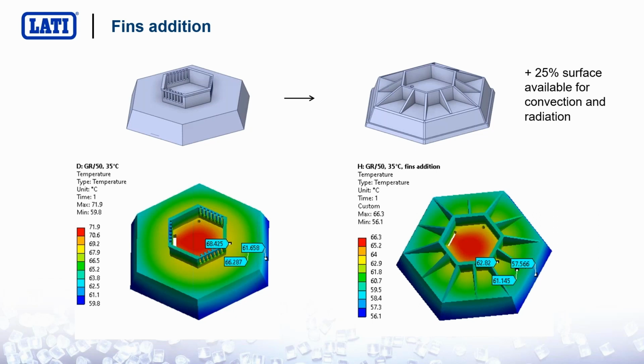And as you see on the left, the temperature outside that hexagonal shape, which is on top of the dissipator, of the heat sink, was more than 68 degrees. By just adding fins, the temperature dropped to 63 degrees. So this made the difference between a project which was not feasible before and became feasible after the addition of fins.